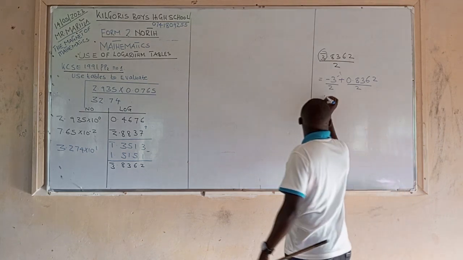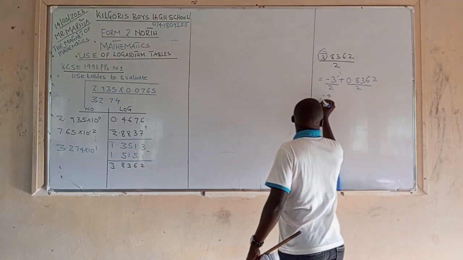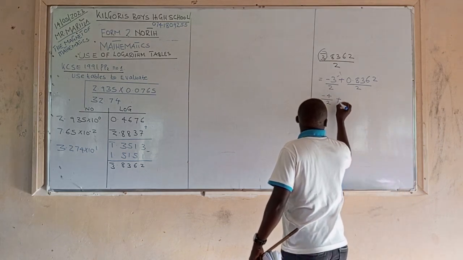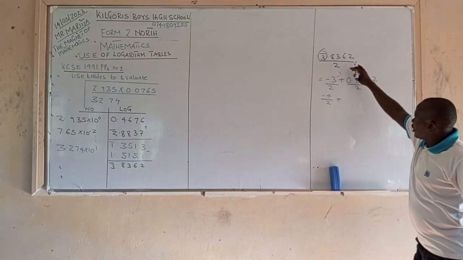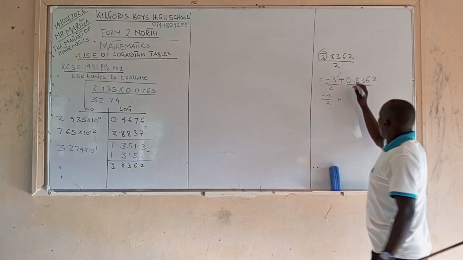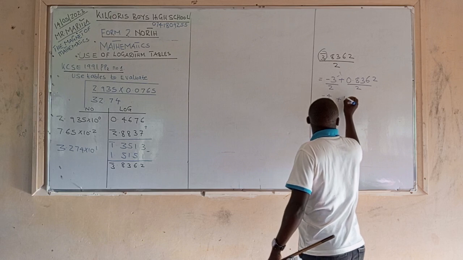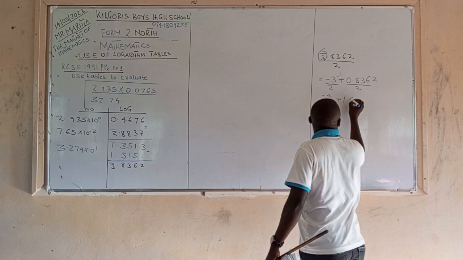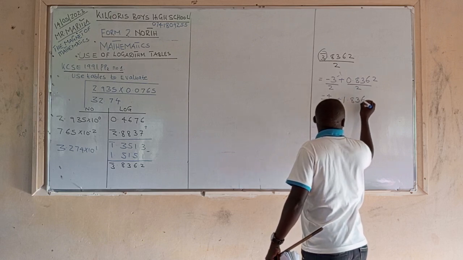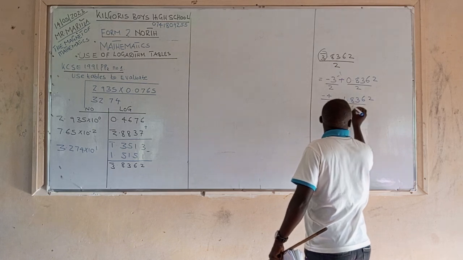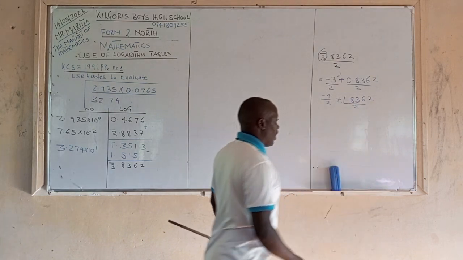So this one gives us negative 4, we divide it by 2, then plus a number we always subtract on this side, we can add on this side. So you add that one as positive 1.8362, and then now you divide that one by 2.